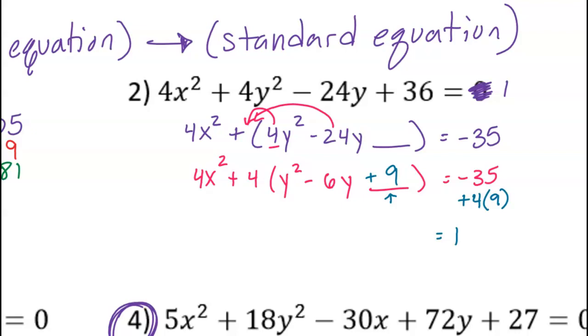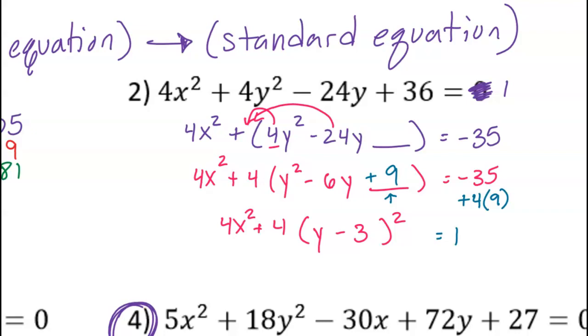And then I'm just going to bring down my 4x squared, bring down my 4, and complete the square here for the y. Remember, you just take your b value and divide it by 2. So now notice this still looks funny, right? This still doesn't look like what we think of as a circle. There are numbers in front of the x's, in front of our variables.